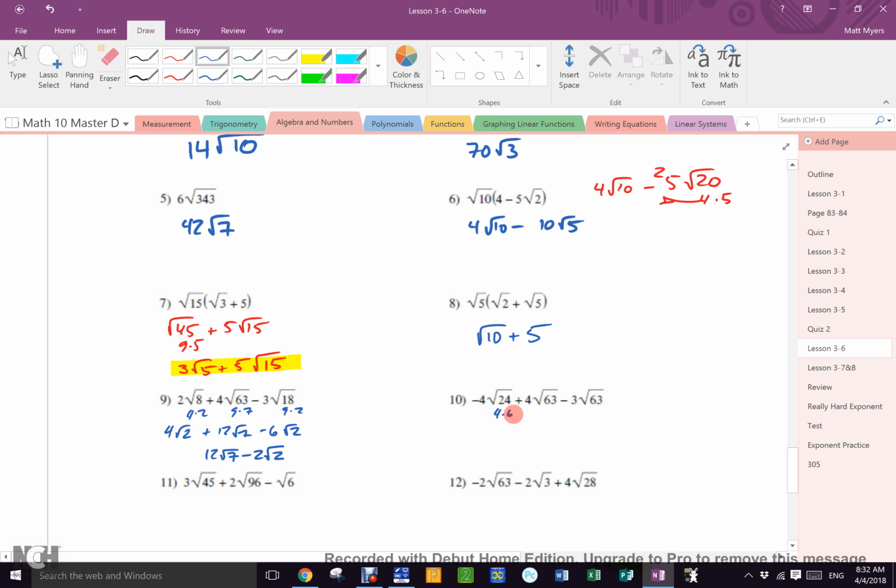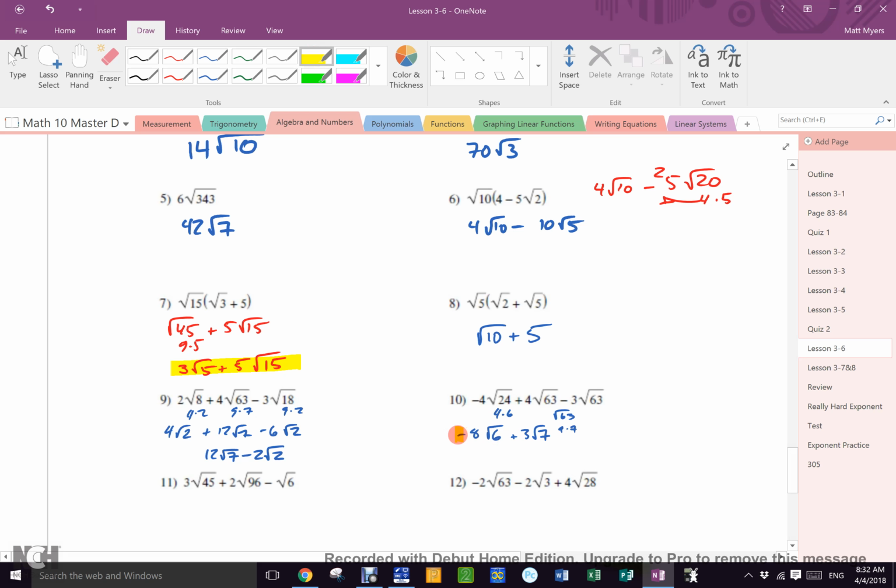I'm going to simplify this guy now, negative 8 root 6. And these two, I'm going to simplify 4 minus 3 is 1, so it's just root 63, which is 9 times 7, so it's plus 3 root 7.